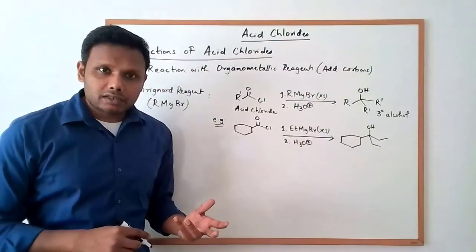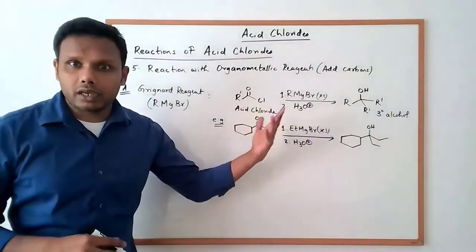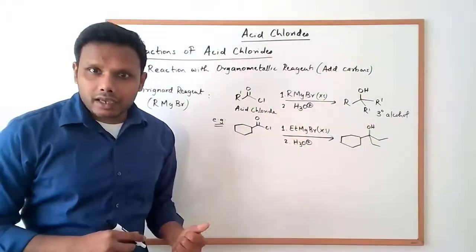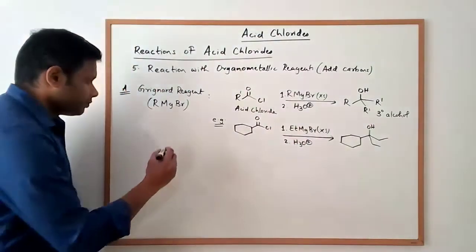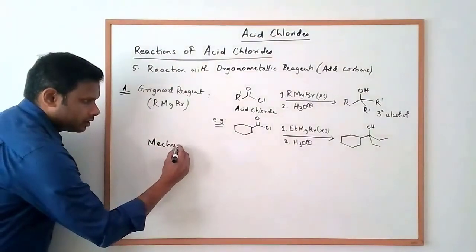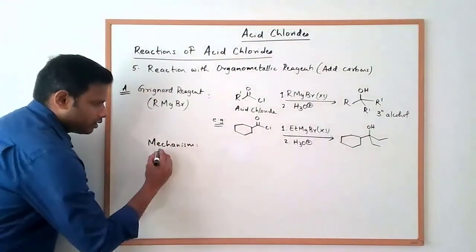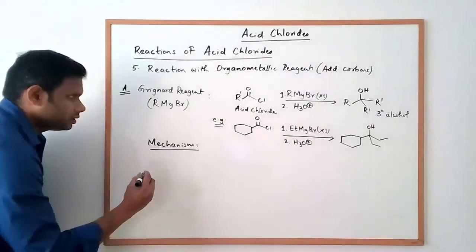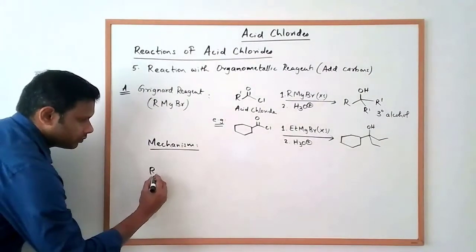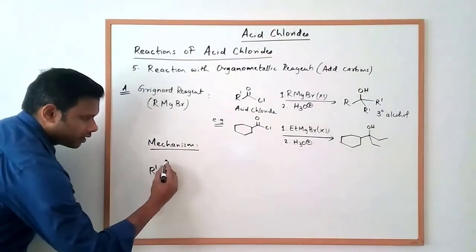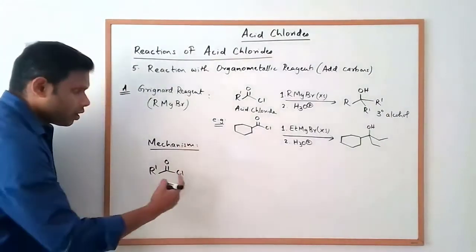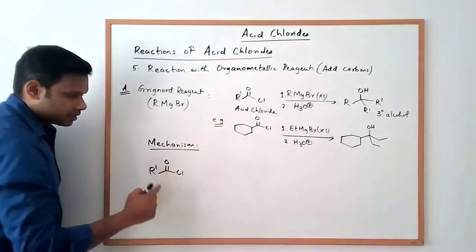Let's look at the mechanism of this reaction as to how we end up with the tertiary alcohol and why we need the excess of the Grignard reagent. So the mechanism of this reaction, like all other nucleophilic substitution reactions, starts with the attack by the nucleophile on the acyl carbon.